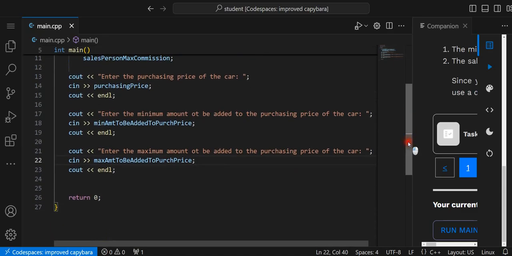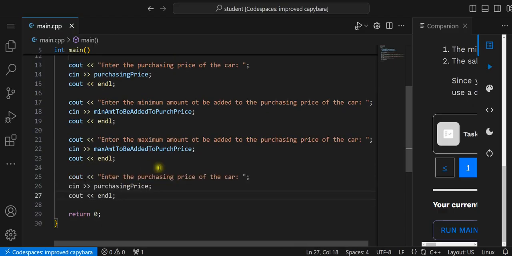Let's go to the next one. It's going to be fixed commission. Enter salesperson's fixed commission.